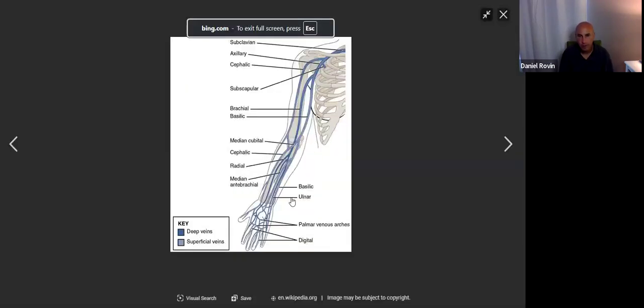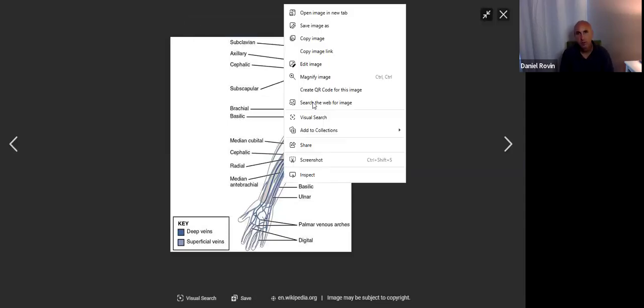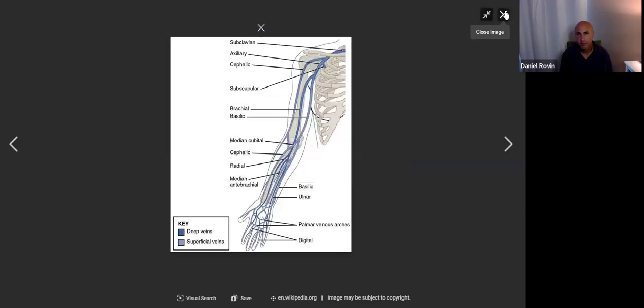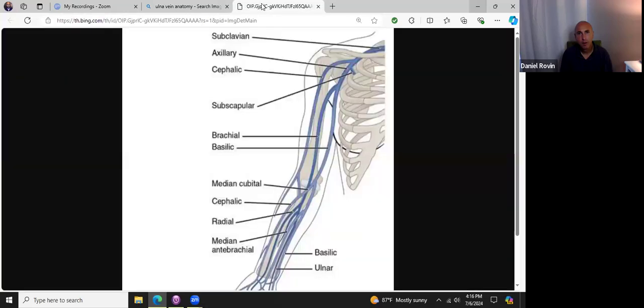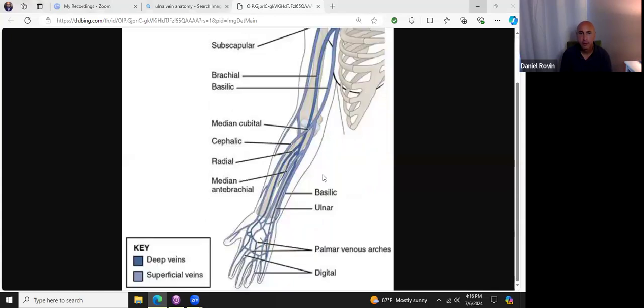Okay. So, all right. Let me explain what you're looking at here. In fact, I'm going to open this picture as its own image. Okay. So down at the bottom, notice how many veins you see here. And what you can't tell is what's deeper and what's superficial just by the drawing.